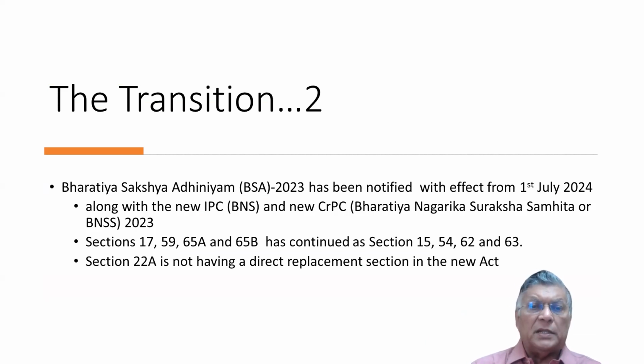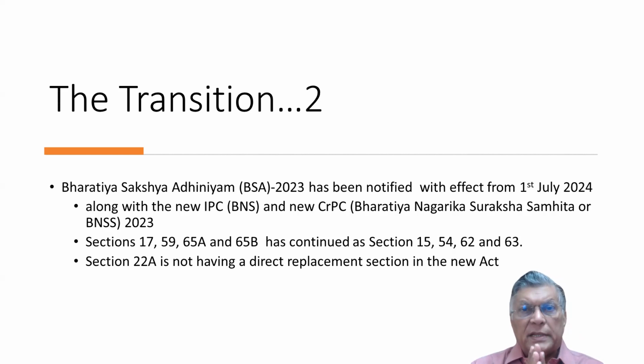Now we have this Bharatiya Sakshya Adhiniyam, BSA 2023, which has been notified with effect from 1st July 2024, along with the new IPC, which is Bharatiya Nyaya Samhita, and the new Criminal Procedure Code, which is Bharatiya Nagarika Surakshana Samhita, or BNSS.